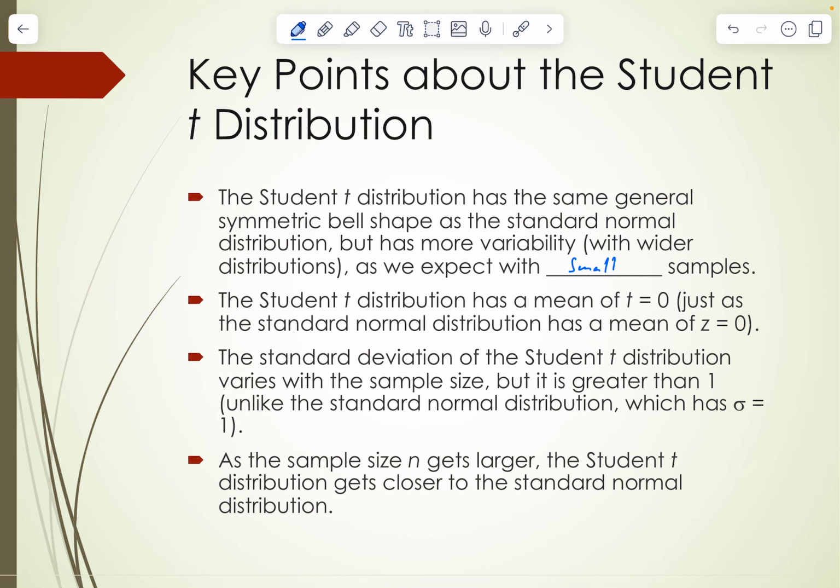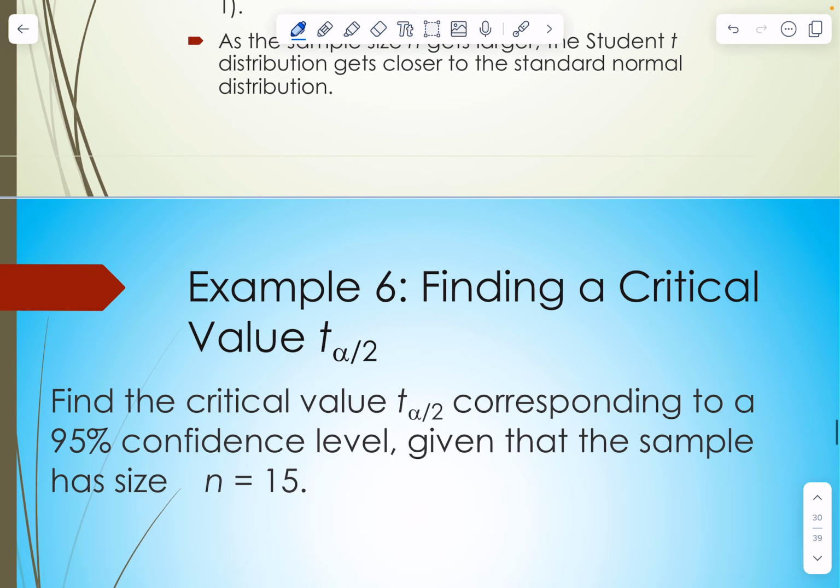And this goes back to it being more spread out. As the sample size n gets larger and larger, the student t distribution gets closer and closer to the standard normal distribution, as I said.